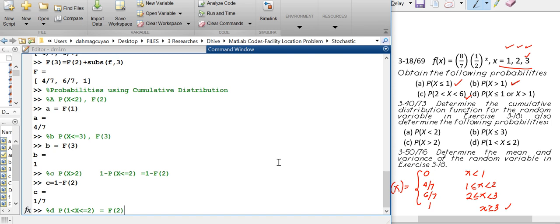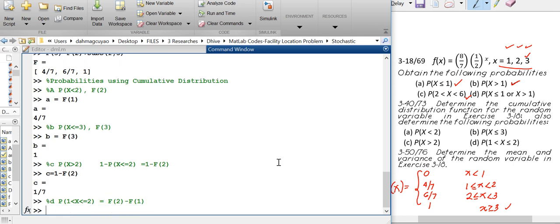Greater than 1. The value that is greater than 1 is 2. So minus f of 1. So greater than or equal to 1 is okay.